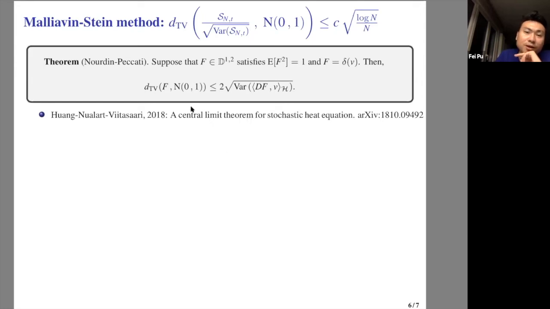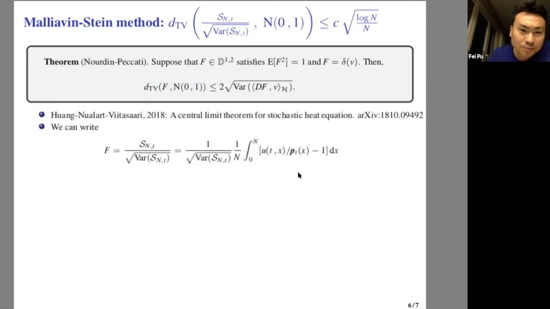Here, we will use this Malliavin-Stein method to estimate the total variation distance in the case where u_0 is equal to delta_0.